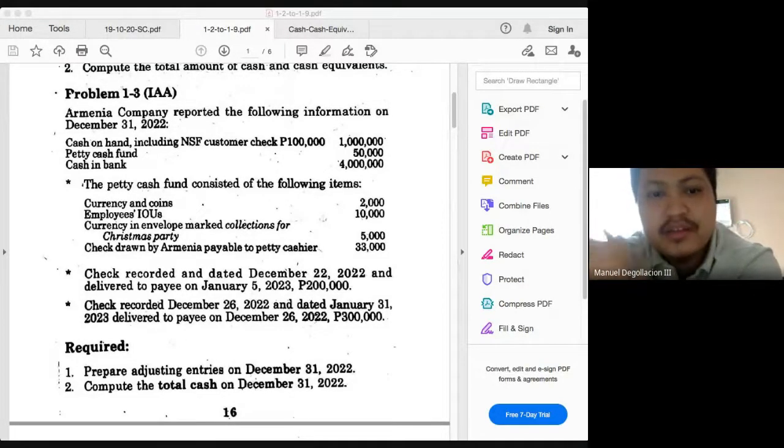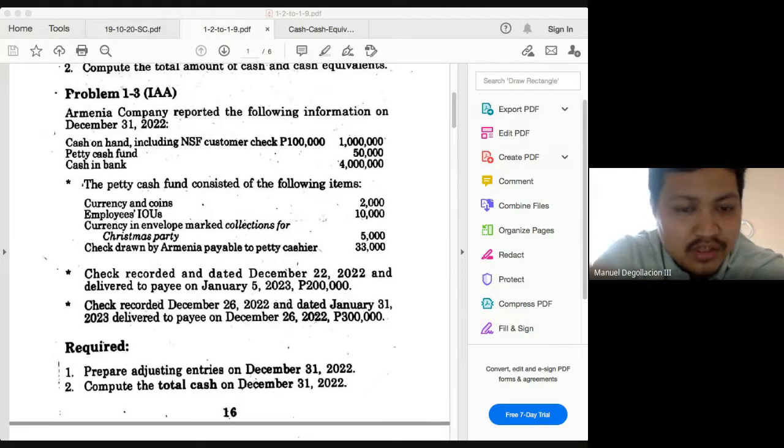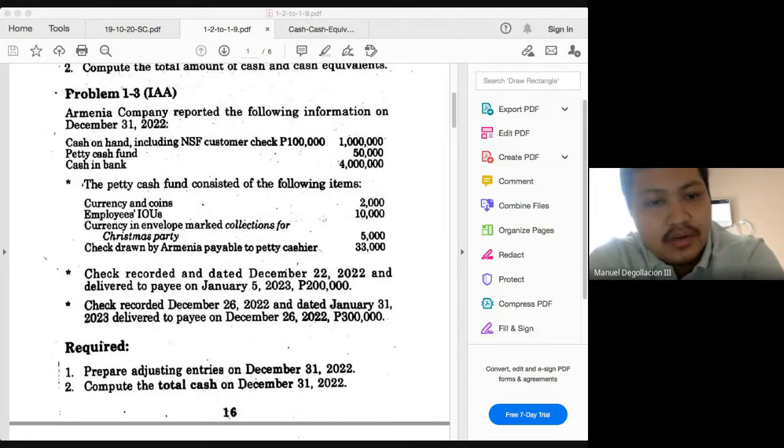It does not matter that the check was already delivered because even if the check was already in the hands of our payee, the payee could still not encash it. Therefore, our actual cash in bank balance could not have been reduced by this amount because the check only becomes due on January 31, 2023. So as far as 2022 is concerned, this transaction should not affect our cash in bank balance.